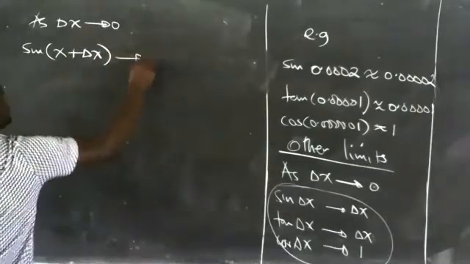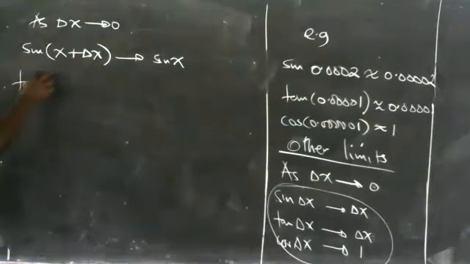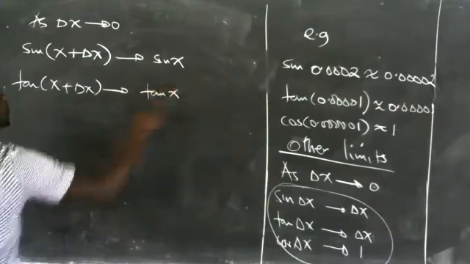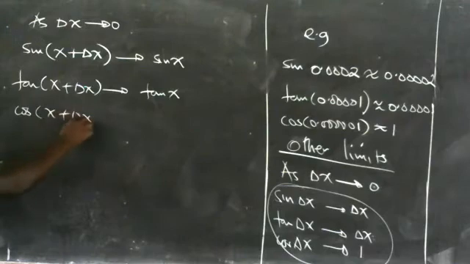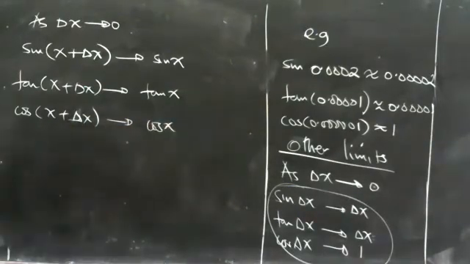This will give you sine of the angle, you get x. The tan of x plus change in x will give you tan of x. And the cos of x plus the change in x will give you cos of x.